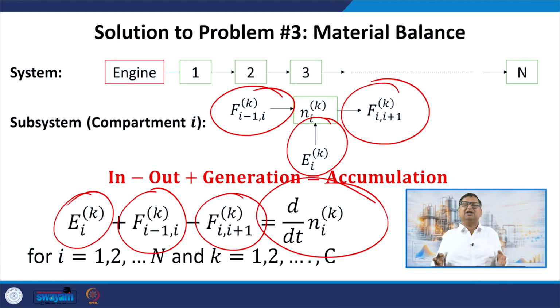Positive if people are increasing in the compartment, negative otherwise. There is no generation here unless somebody gets born on the train. That's very rare. So I'm excluding the generation term, but we do have an accumulation term, and I can write this equation for all the compartments and all the types of people in the compartment, right?